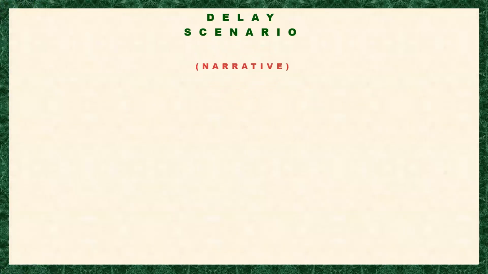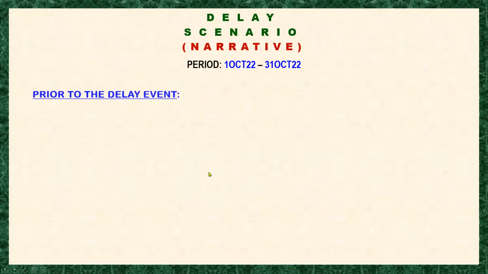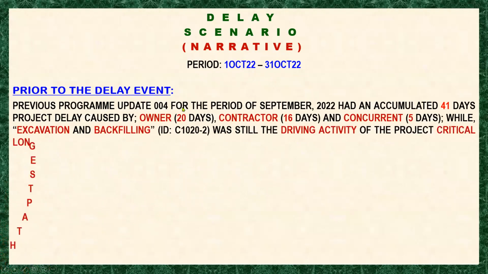Here is the delay scenario, the narrative for the month of October. Prior to the delay event, previous program update 004, for the month of September 2022, had an accumulated 41 days project delay, caused by the owner 20 days, contractor 16 days, and concurrent 5 days, while excavation and backfilling was still the driving activity of the project critical longest path.